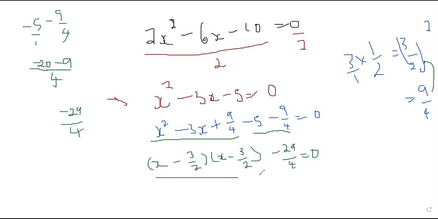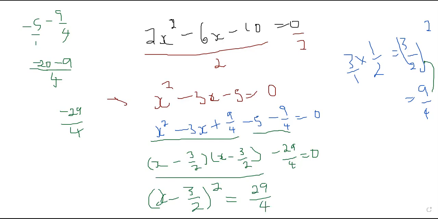Right, so these are the same. They can be written in this form. So we take this one to that side. Positive 29 over 4.